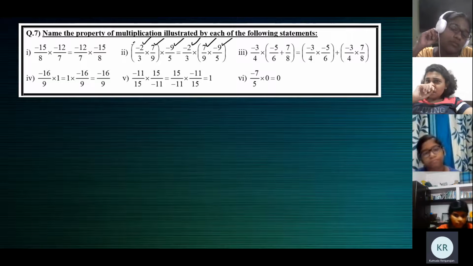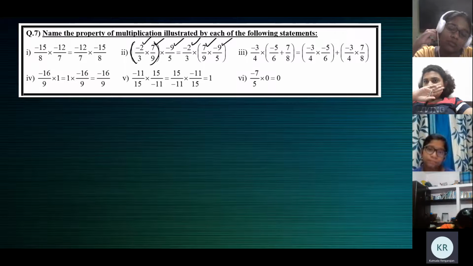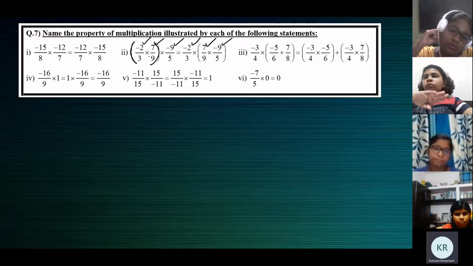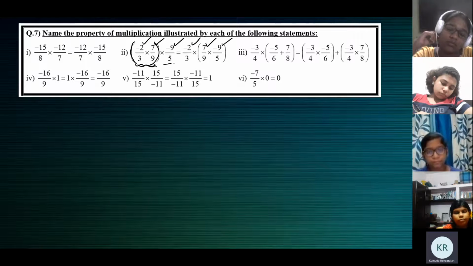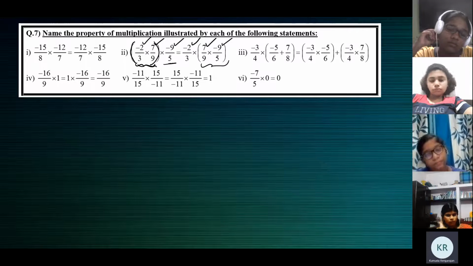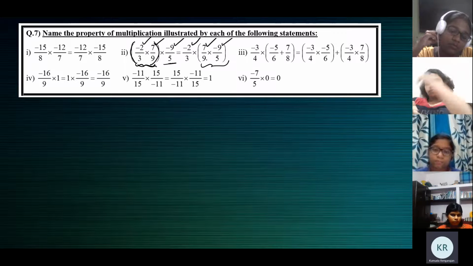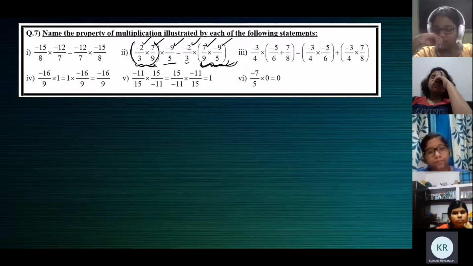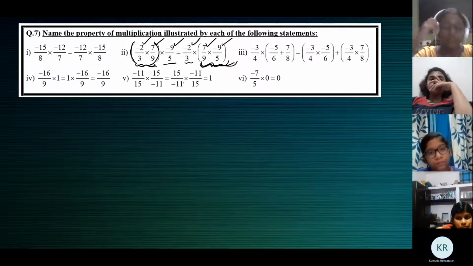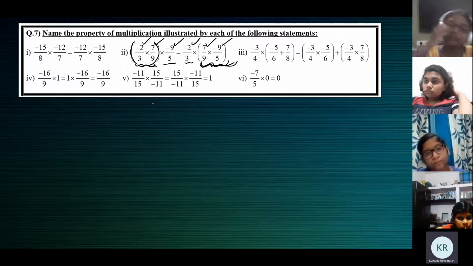In the LHS, we are finding the product of the first two and multiplying that result with the third one. In the RHS, we have grouped the last two, so we find this one first and this result will multiply with minus 2 by 3. So we've just grouped in a different order.